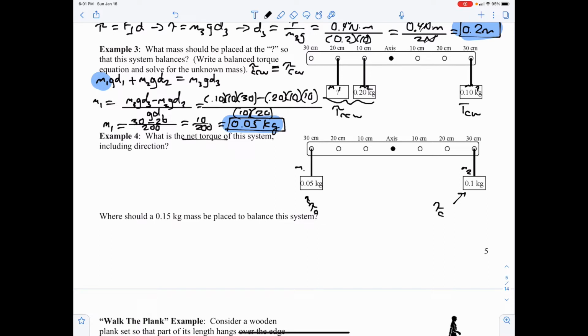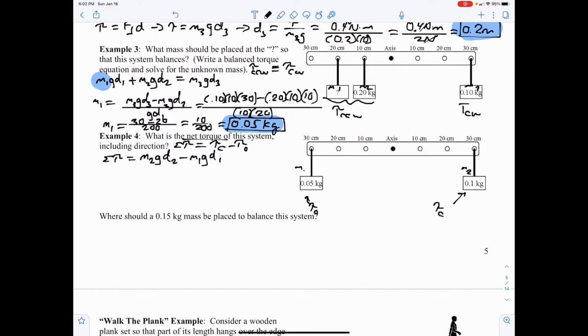All right. Okay, so your net torque, that's going to be your causing torque minus your opposing torque. Your causing torque will be m2g times distance 2 minus m1g times distance 1. Both distances are the same.